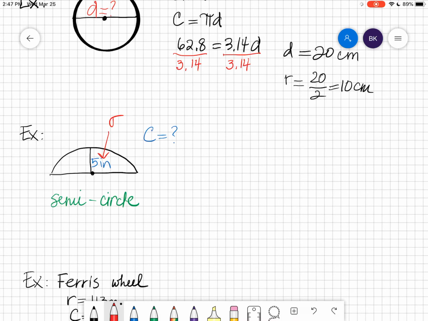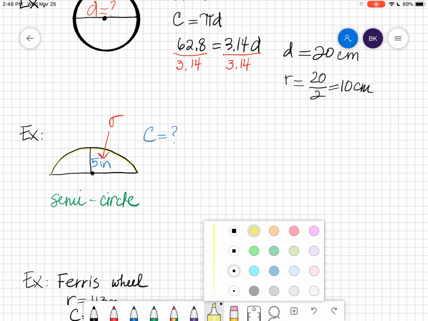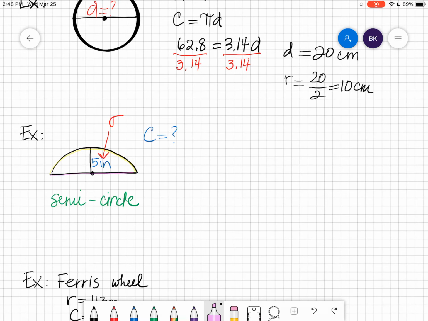I just wanted to make sure we know what the circumference is of this particular shape. Notice I'm going to highlight something. It is half of the circle, and I'm going to use another color. Look at this distance right here. What is this distance? It is the diameter.